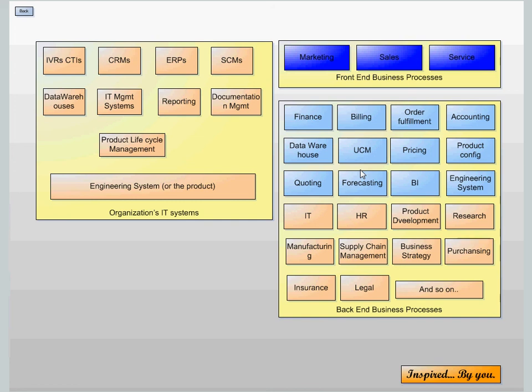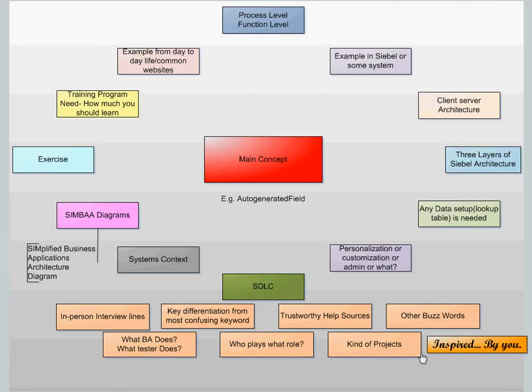Remember, there are downstream systems and upstream systems to any system. The interfaces to those systems are what we are talking about here, and there are two types of interfaces, real-time and batch. I've given you a full tutorial on that. So if you understand real-time and batch interfaces, if you know the functionality, remember the Simba diagram.